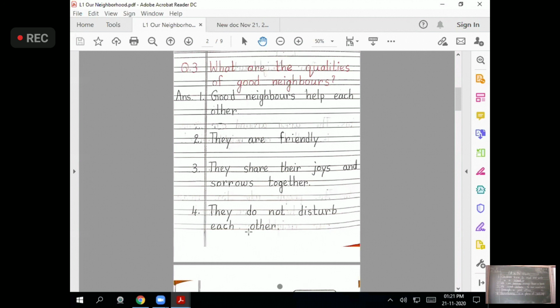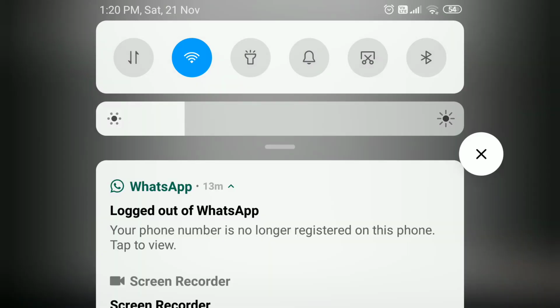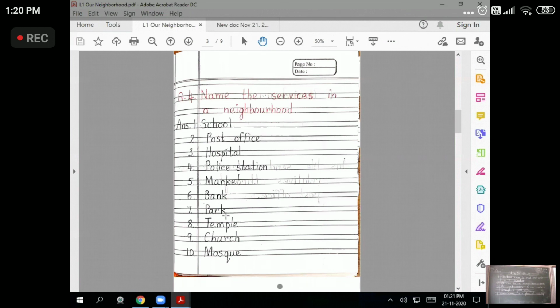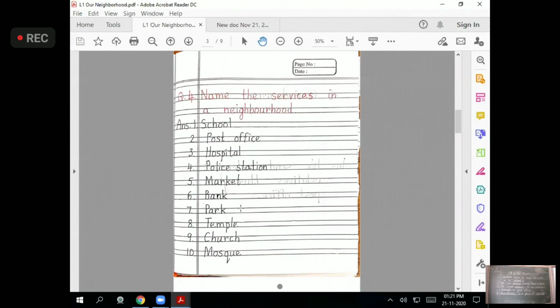Clear, no? Next, fourth question and answer. So fourth question and answer has got 11 points. As you see here, one word 11. So 11th one is on the next page.